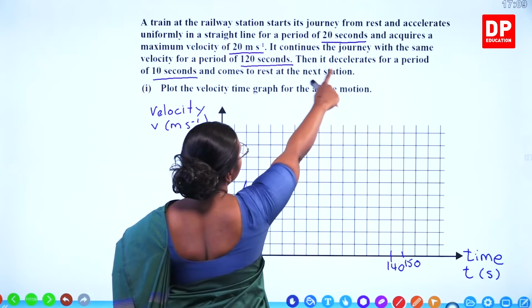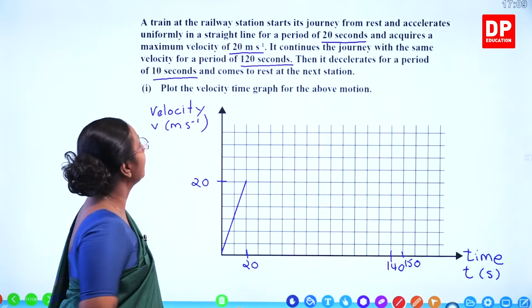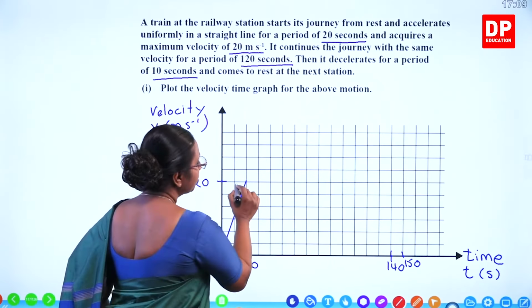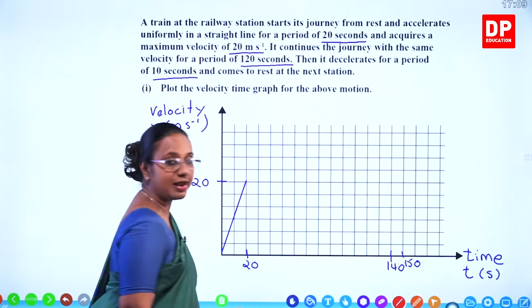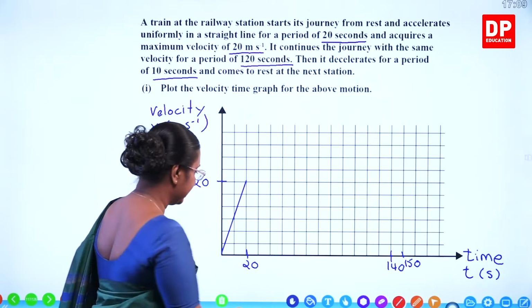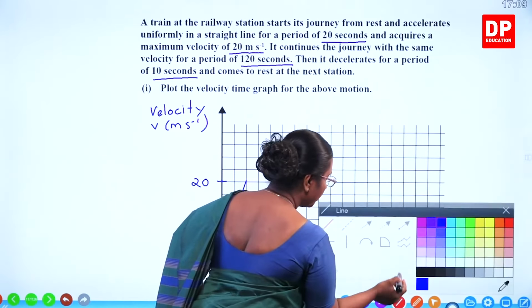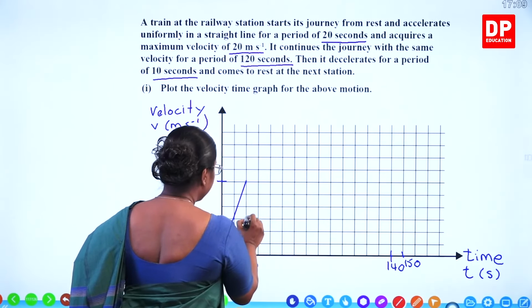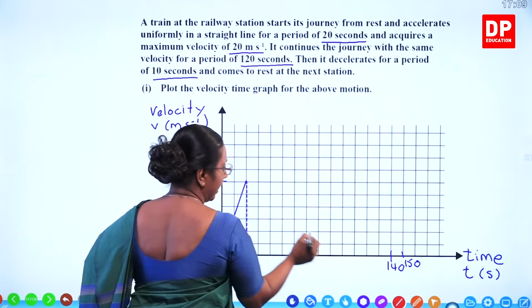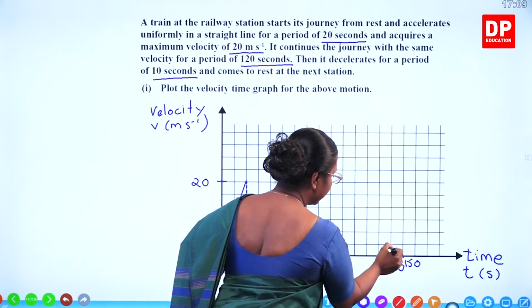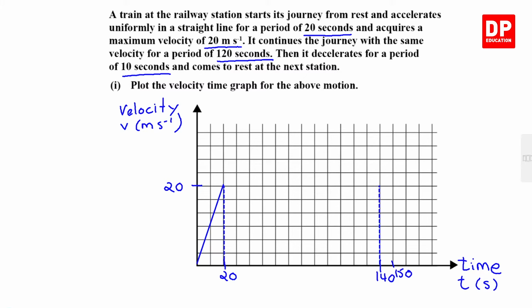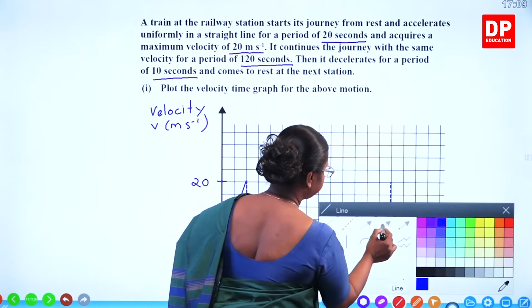Then it continues the journey with the same velocity for a period of 120 seconds. So, it has to be a line parallel to the x-axis starting from 20 meters per second point, that is from here to here, and until the end of 140 seconds. We will have to have uniform velocity.